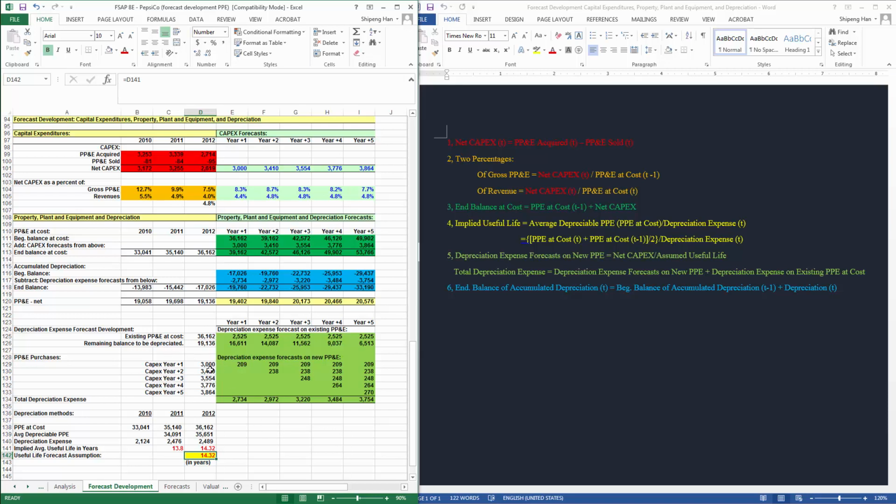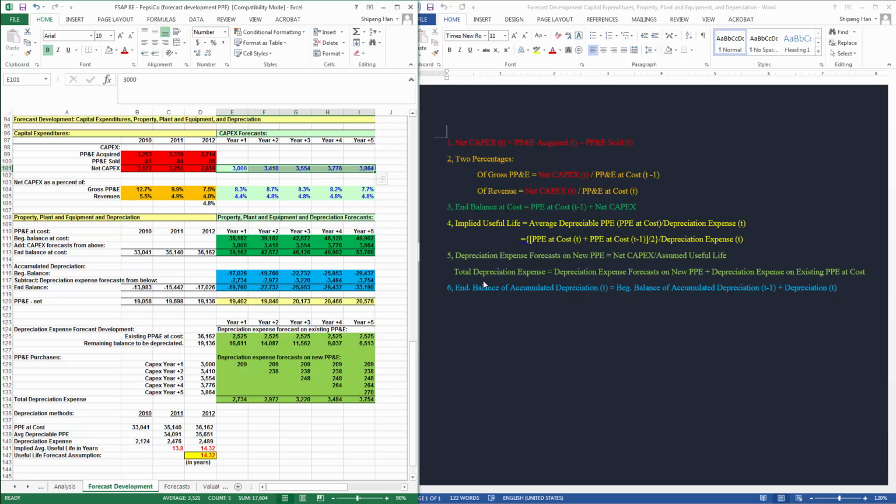So the next is to calculate depreciation expense. First is the depreciation expense on new PPE, actually on the net capital expenditures for each year, from year +1 to year +5. This, right?